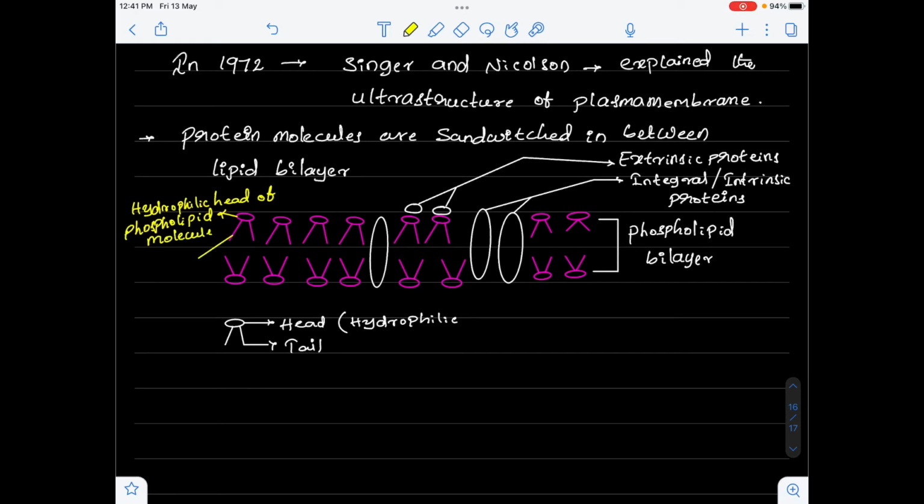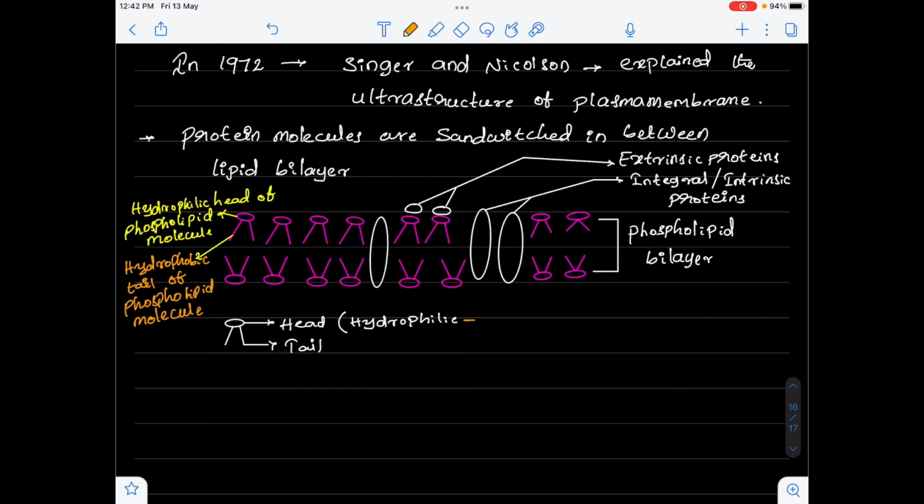And this is called the hydrophobic tail of phospholipid molecule. Sir, what are these hydrophilic and hydrophobic regions in the plasma membrane structure?